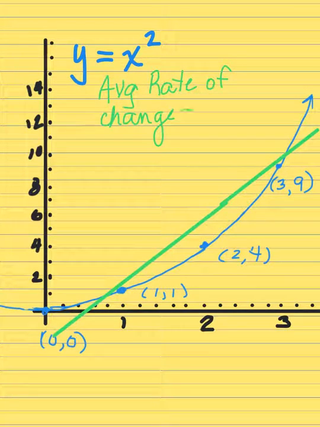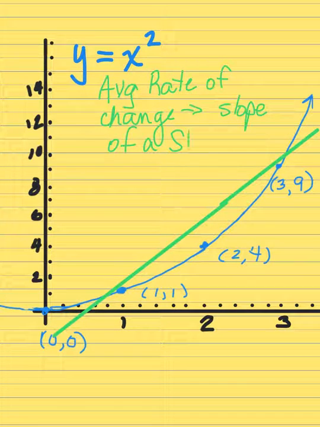And it is also the slope of a secant line. And this green line is a secant line. And even though I've kind of missed the points deliberately, it is the secant line that connects the points 1, 1 and 3, 9 on that line.